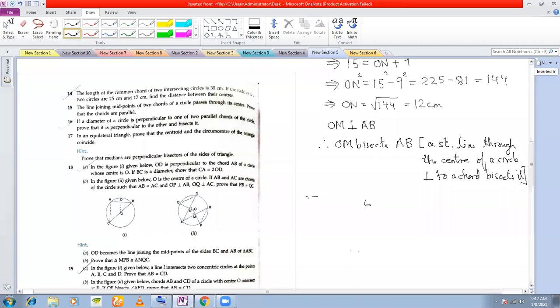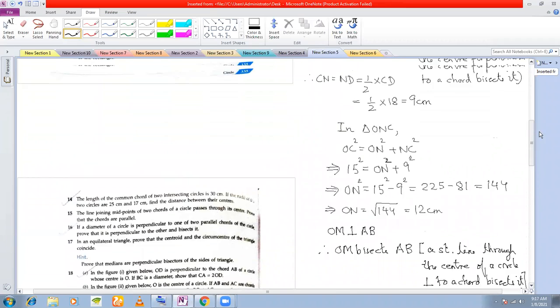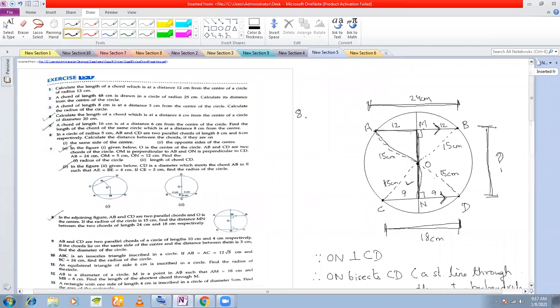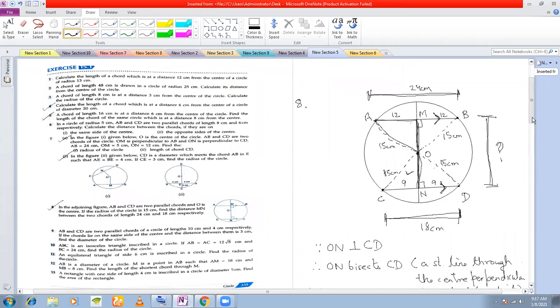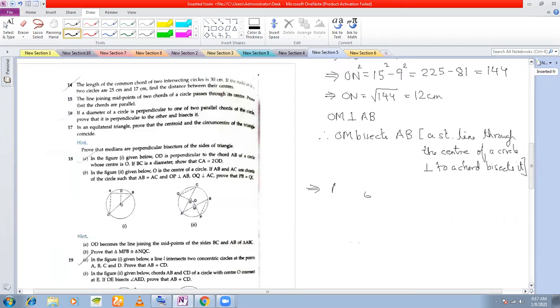That means what lengths do we have here? Therefore, we have AM is equal to MB is equal to half of AB.